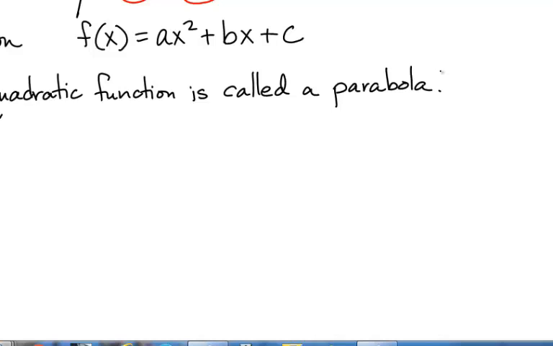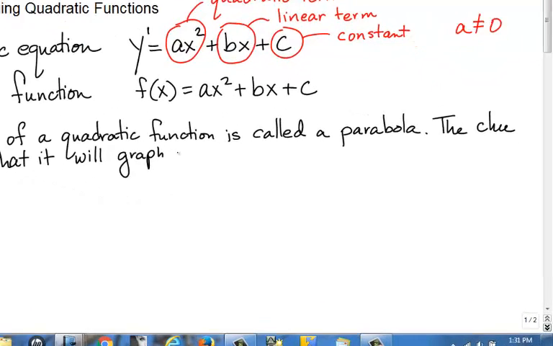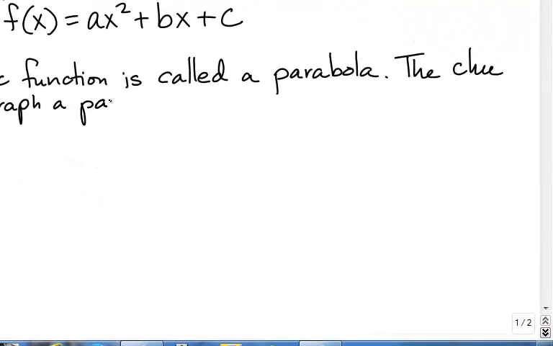Okay, if I say that, parabola. Okay, it's a parabola. Okay, the clue that it will graph a parabola is in the exponents.